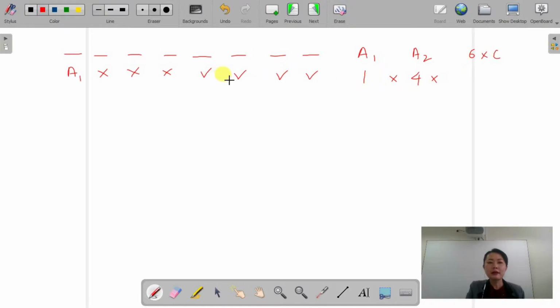So let's say, let me just give you an example. If adult 1 is here, and adult 2 is here, you've got 1, 2, 3, 4, 5, 6 spots to go. So you can go 6, 5, 4, 3, 2, 1 if you like. So 1 way to put the first one, 4 ways to put the second one, and then the rest of the empty spots is just 6 factorial.